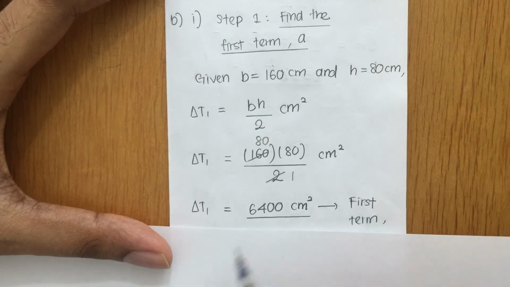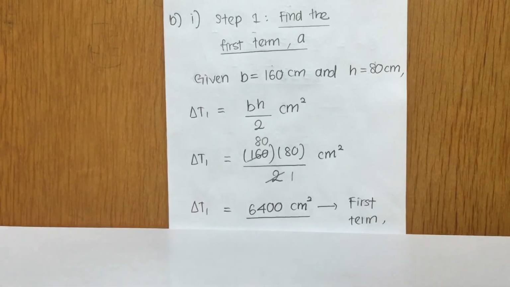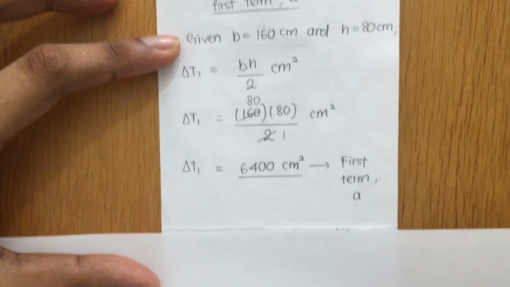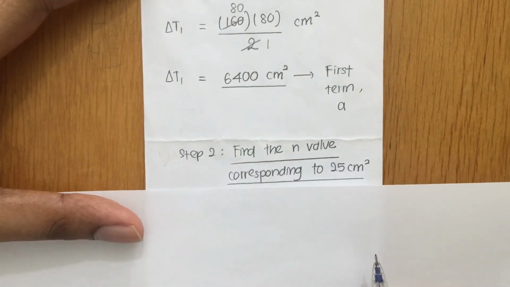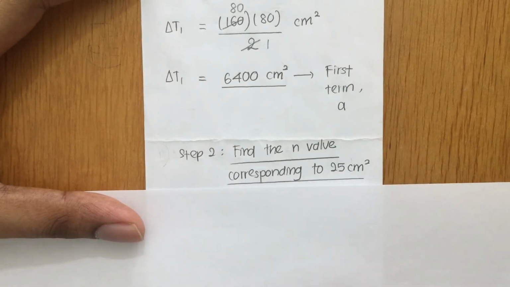Once you've identified the first term, and the common ratio is already found in question part A, we can now proceed to find the n value corresponding to 25 centimeters square. This 25 centimeters square is actually the Tn value.